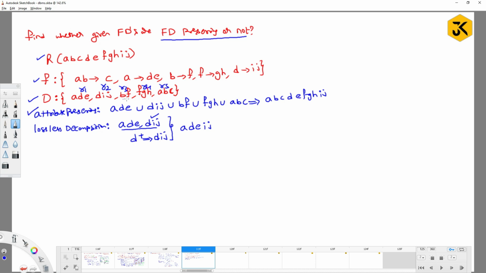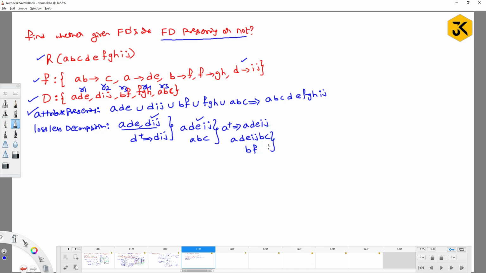Now, can I combine it with BF? No. FGH? No. Can I combine with ABC? Try to do it. If I find the closure of A, you are going to get ADE. From D, you can get IJ also. So you are able to get one relation, and I can combine them into a new relation as A, D, E, I, J, B, C. Now can I combine with B, F?